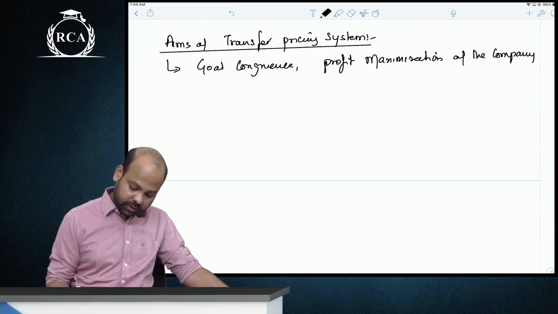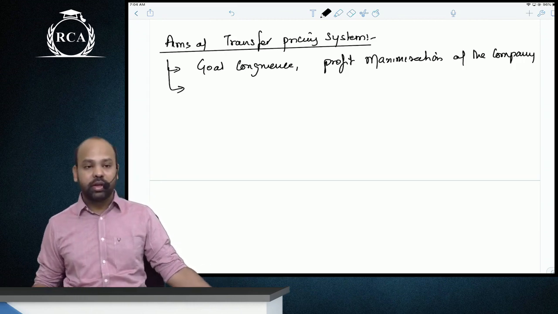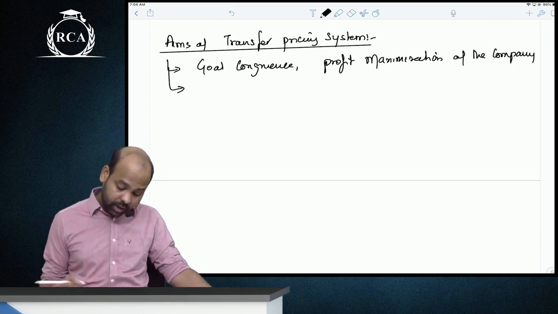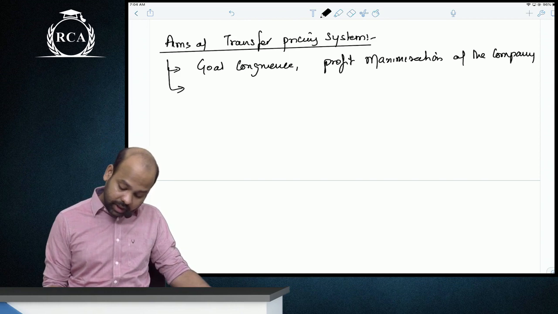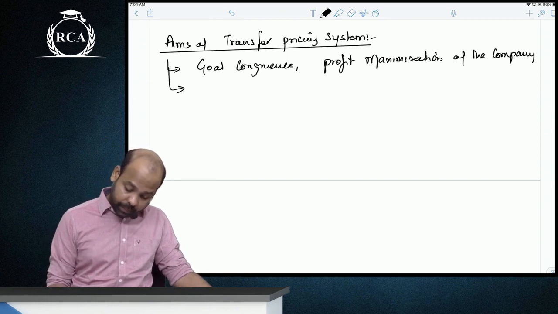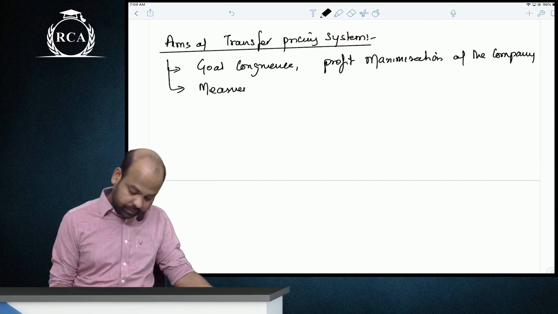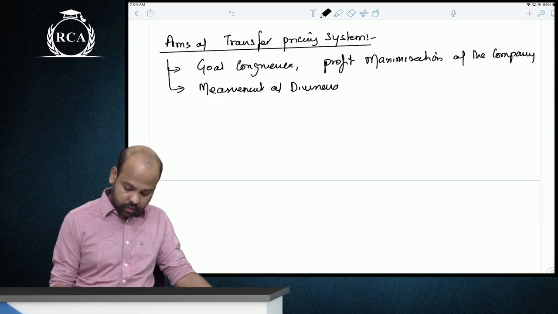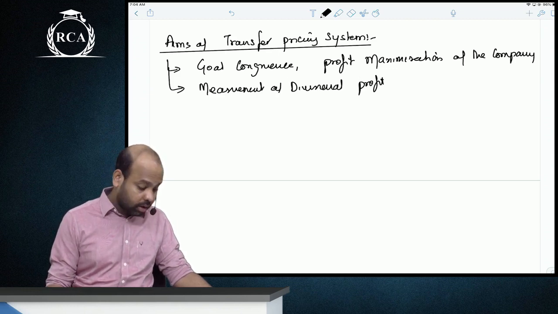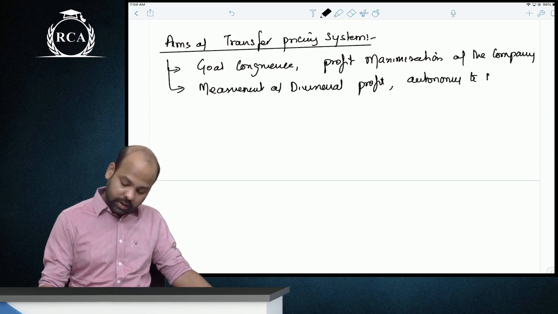There's goal congruence, there's profit maximization of the company. Then performance measurement, measurement of divisional profits. Give them a little autonomy. Autonomy to managers. These are the aims of a transfer pricing system.